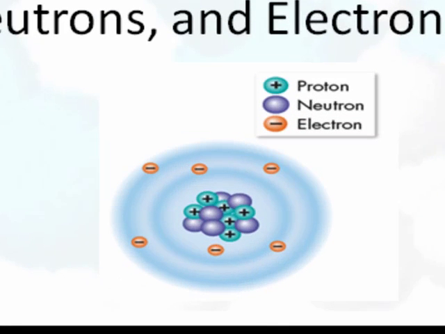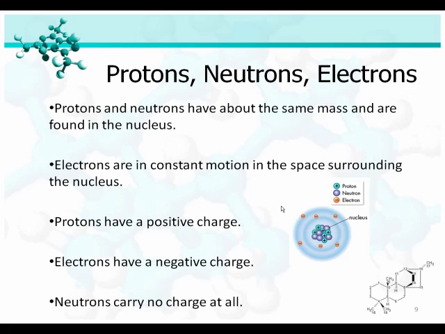In the diagram, you will find the location of these subatomic particles in an atom. Protons and neutrons have about the same mass and are found in the nucleus. Electrons are in constant motion in the space surrounding the nucleus.